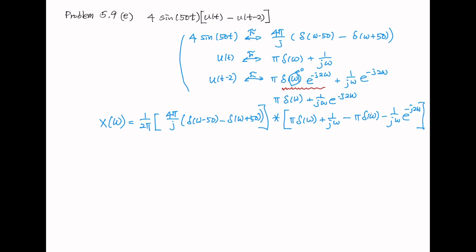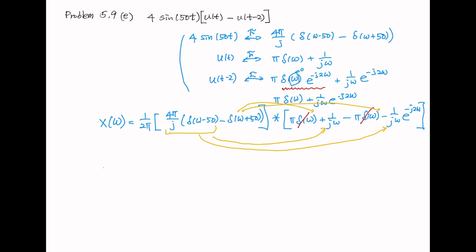So we can cancel this out, and then we're going to do this convolution in a similar way. Basically we're going to do a FOIL convolution.